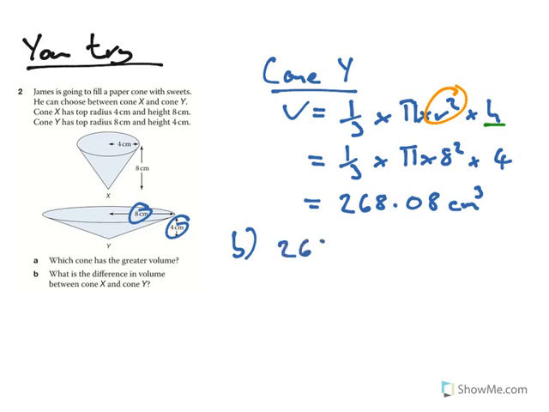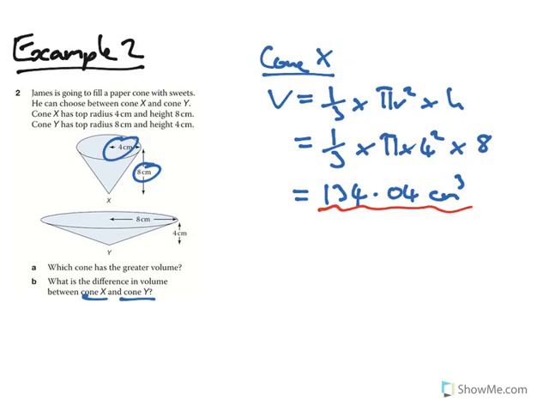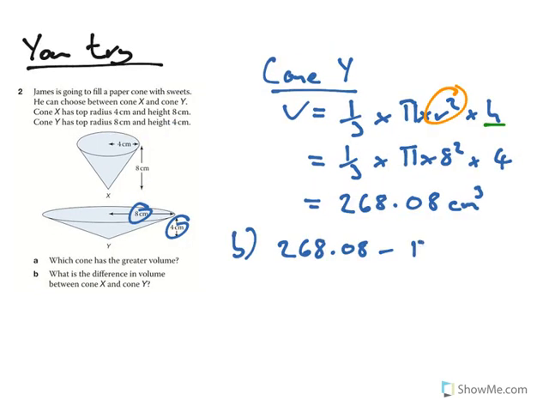So the difference is going to be 268.08 take away 134.04. Make sure you write that line of working down, because if you don't, then the examiner won't necessarily know what you've done.